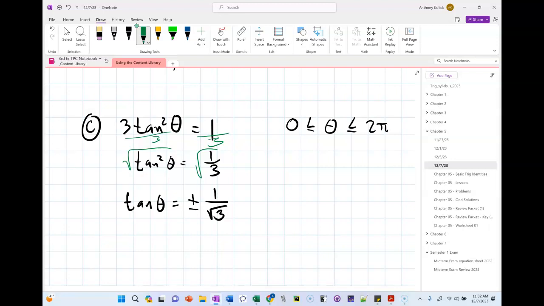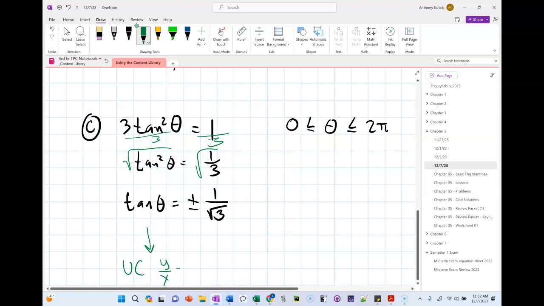On the unit circle, what is tangent? Okay. Do you see a place where y is 1 and then x is root 3? You shouldn't, but you should see something that's close.